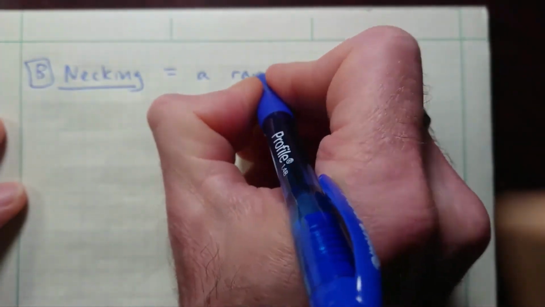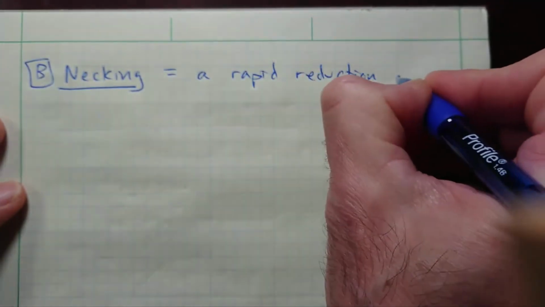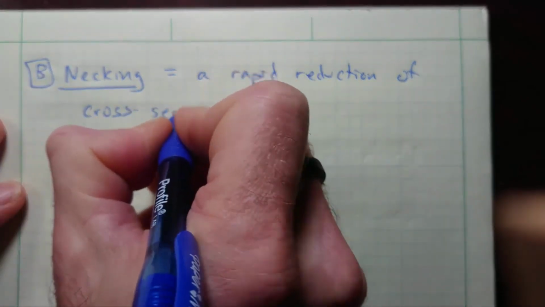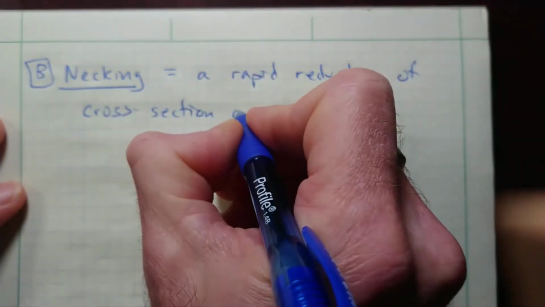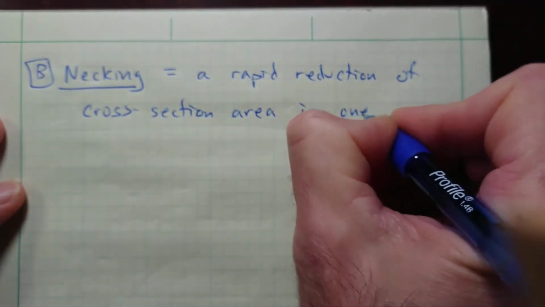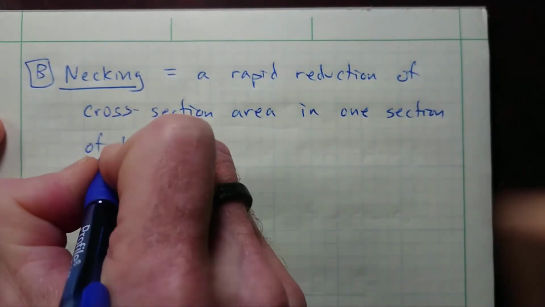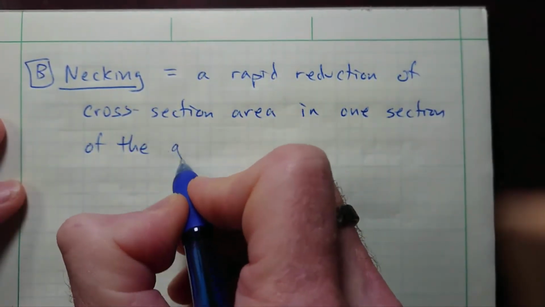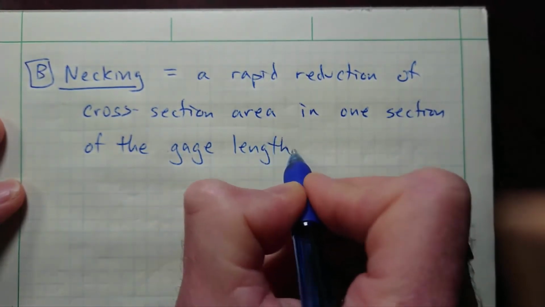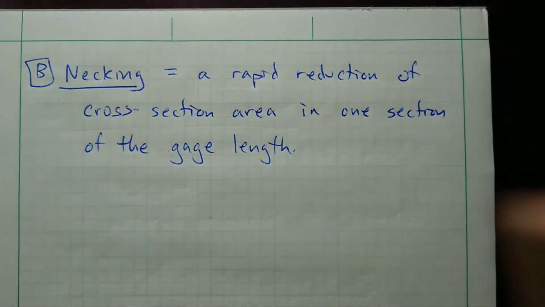It is a rapid reduction of cross-section area, and it occurs in one section of the gauge length.